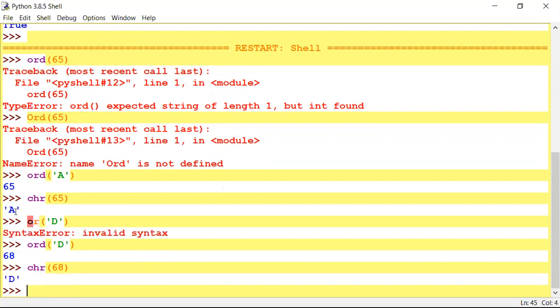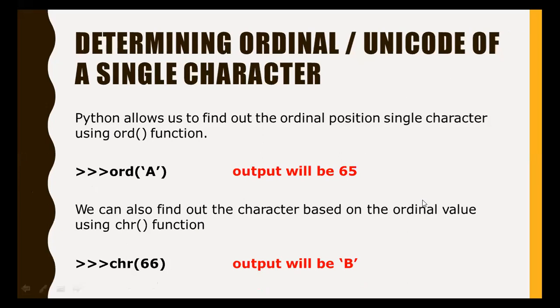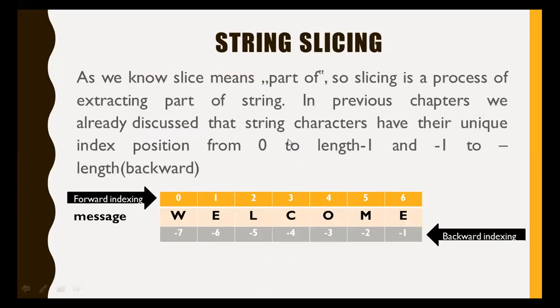So you can try all these commands. Now, string slices. String slices: any characters which we input as a string are a sequence of characters. As we know, slice means part of the string, so slicing is the process of extracting part of the string.